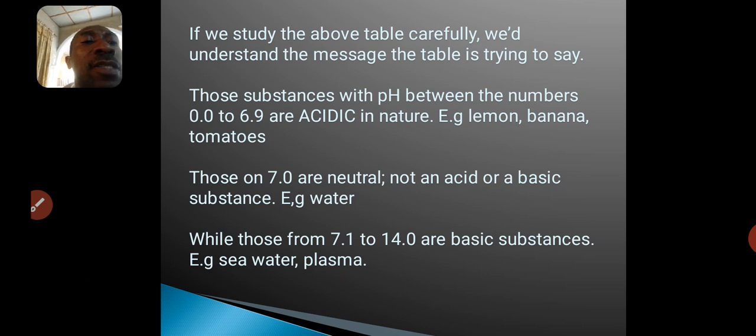So those substances with such pH values are basic substances. For example, seawater, blood plasma, and as you can see on the slide. So when you are taking a substance, you will know whether what you are taking is acidic or basic in nature.